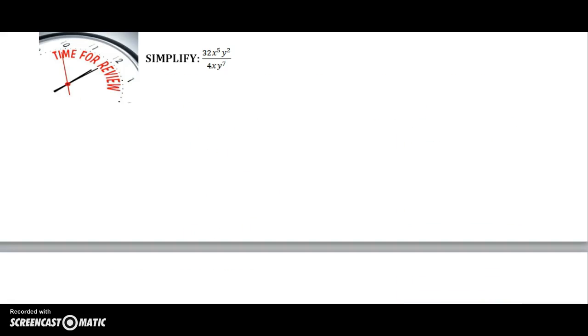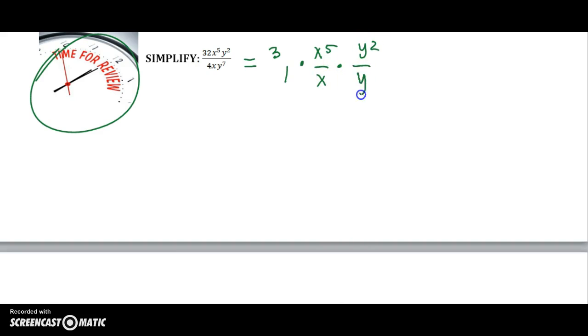All right, looking down at time for review, let's review how to simplify this rational expression. We have 32 over 4 times x to the 5th over x times y squared over y to the 7. When we simplify, 32 divided by 4 is going to give us 8.